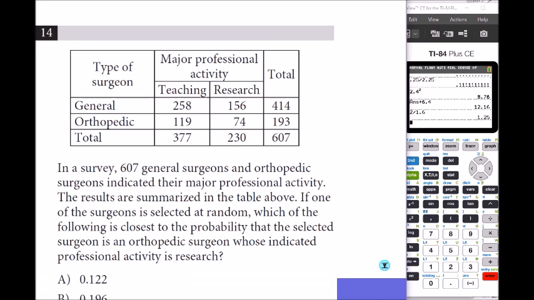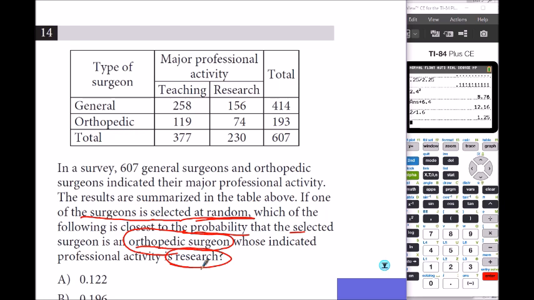14. In a survey, 607 general surgeons and orthopedic surgeons indicated their major professional activity. The results are summarized in the table above. If one of the surgeons is selected at random, any surgeon, right? Which of the following is closest to the probability that the selected surgeon is an orthopedic surgeon whose professional activity is research?